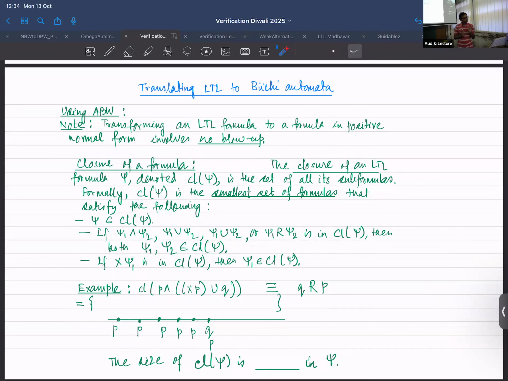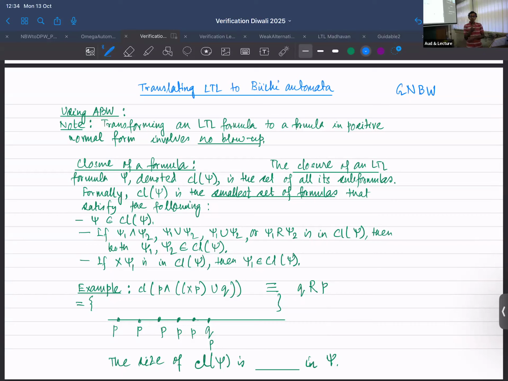The traditional way of translating LTL to an automaton is to translate the LTL formula to a GNBW. What was GNBW? The generalized non-deterministic Büchi word automaton. That is the traditional way, which we will study in depth and in detail.